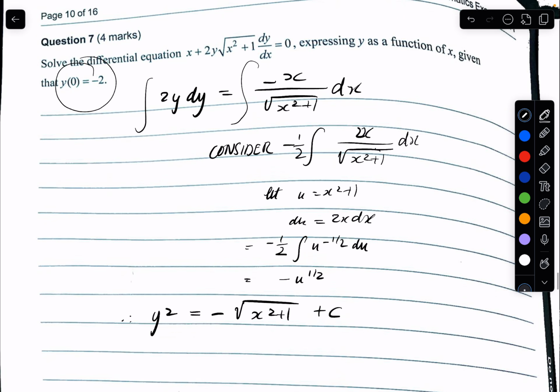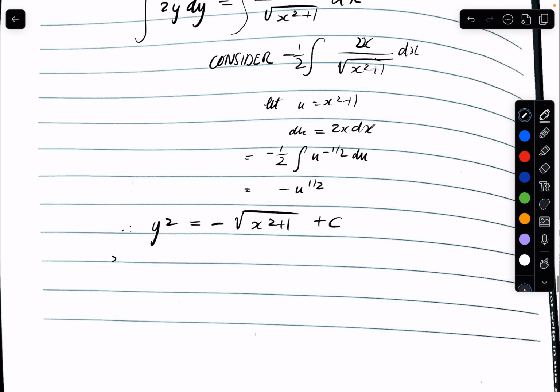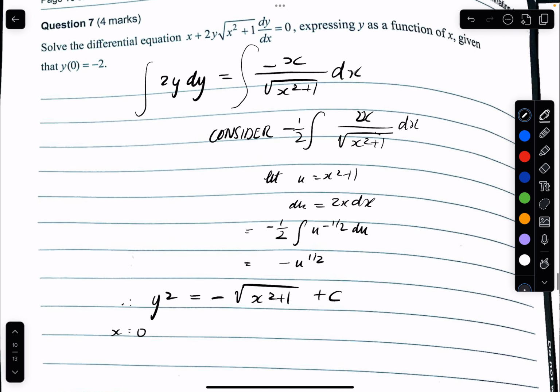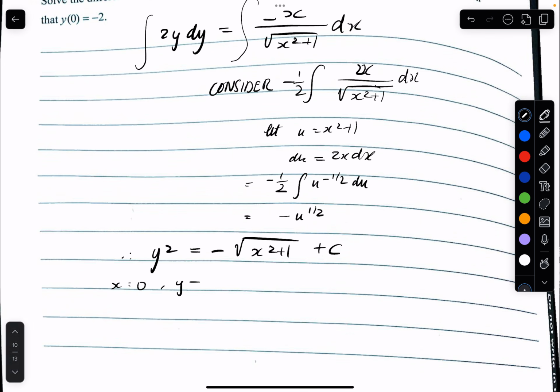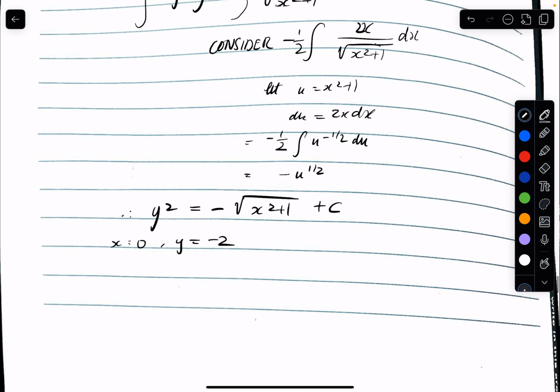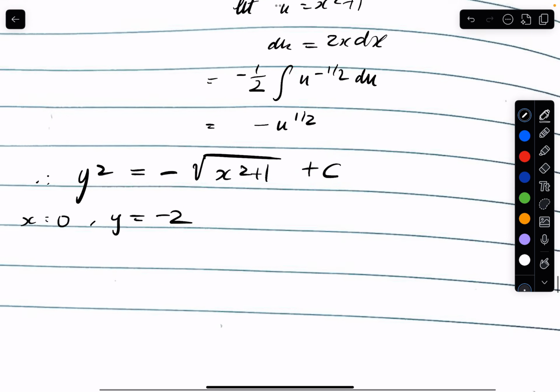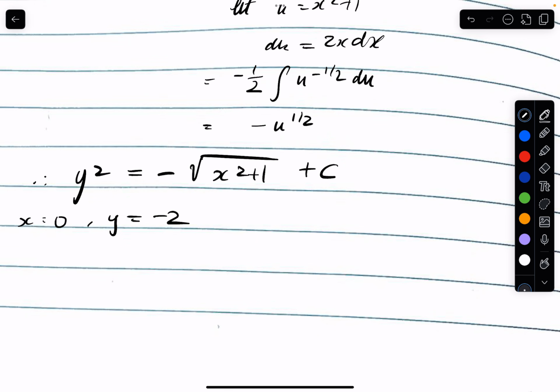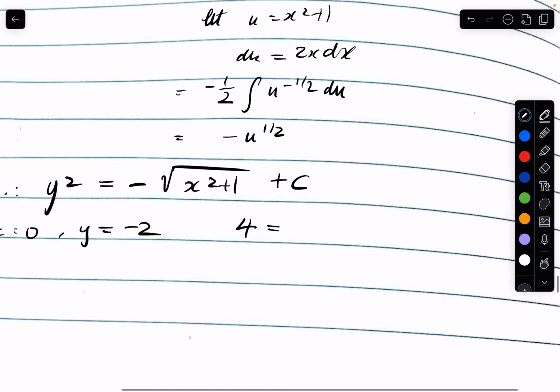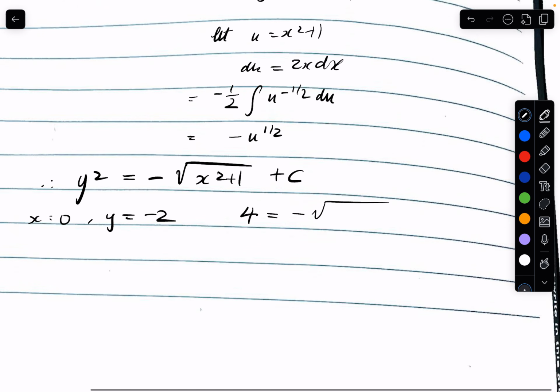And they told us y of 0 is negative 2. So when x is equal to 0, y is negative 2. Okay. Meaning 4 is equal to the negative square root of 1 plus c.